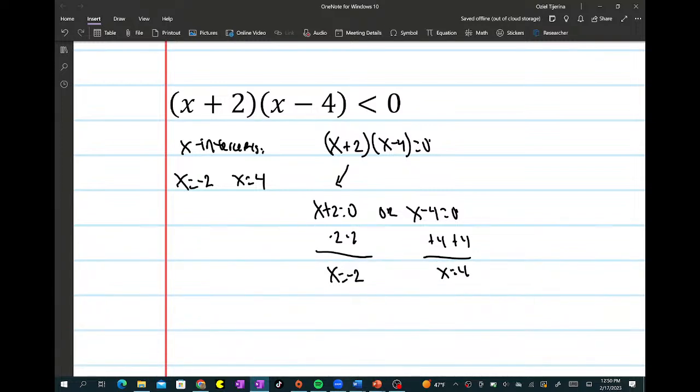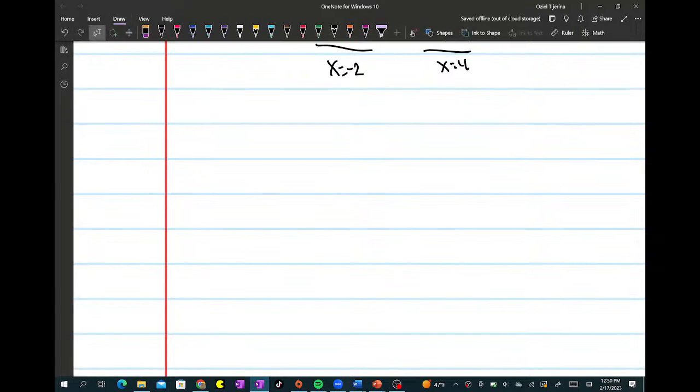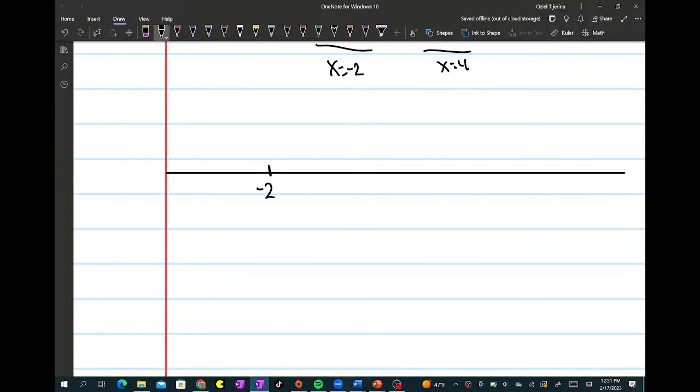Okay. And now we're going to make a number line. We're going to put the numbers -2 and 4 on it.